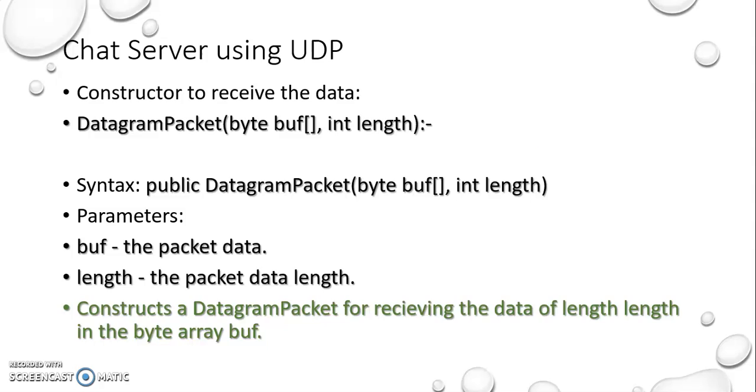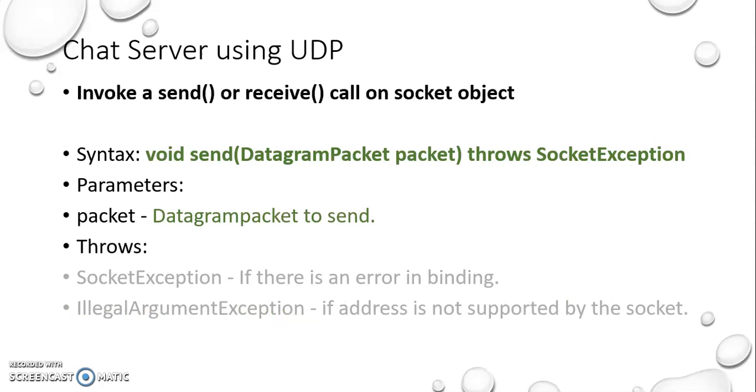So this can be sent. So the third thing is we can send or receive, we can use these two calls on the socket object, so that we can send a packet or we can receive a packet.